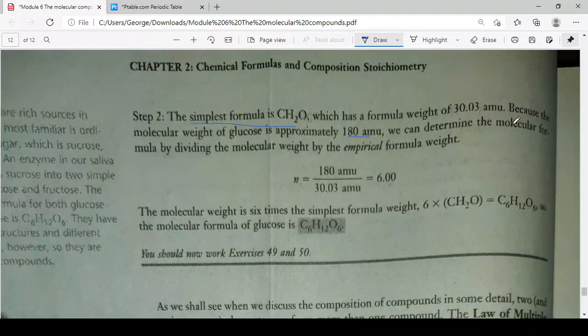We can determine the molecular formula by dividing the molecular weight by the empirical formula weight.